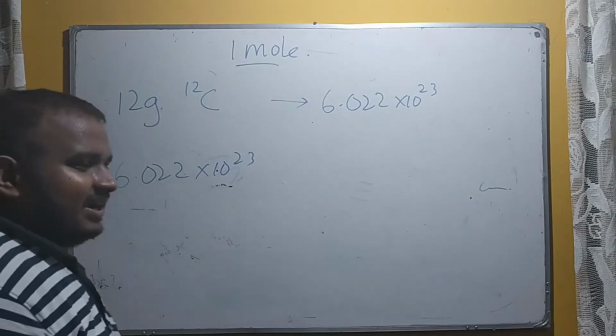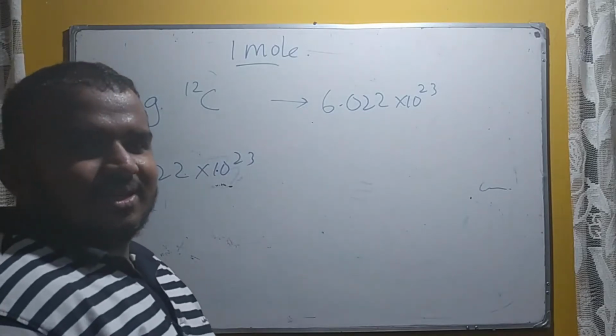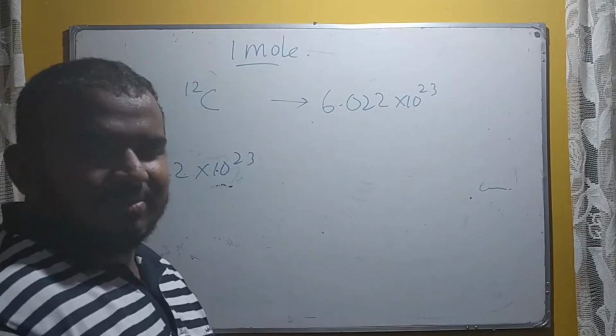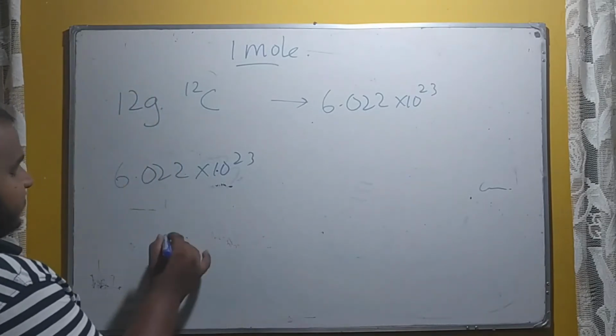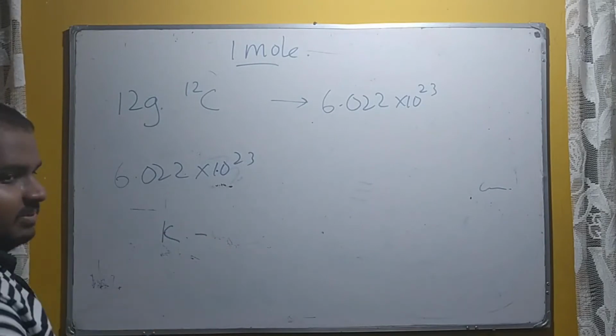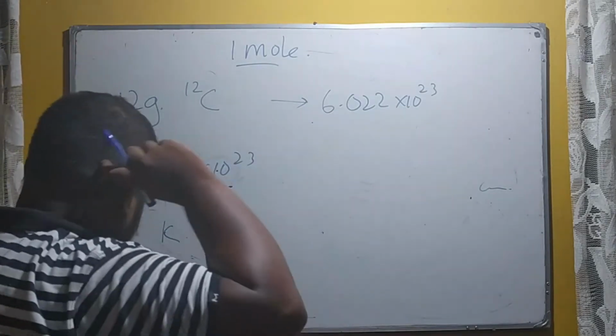If you take an element according to its relative atomic mass in grams, if it is potassium, the relative atomic mass is 39.